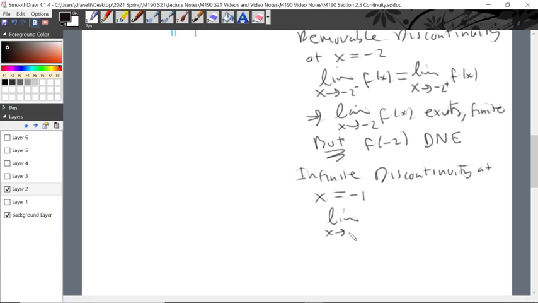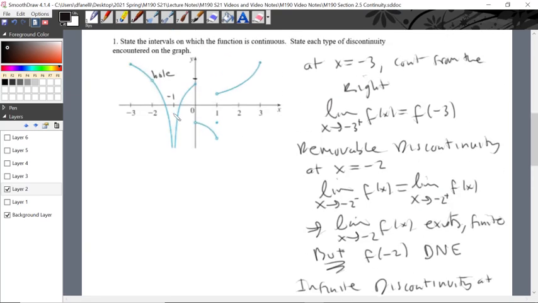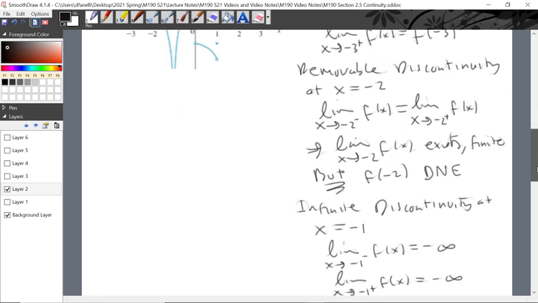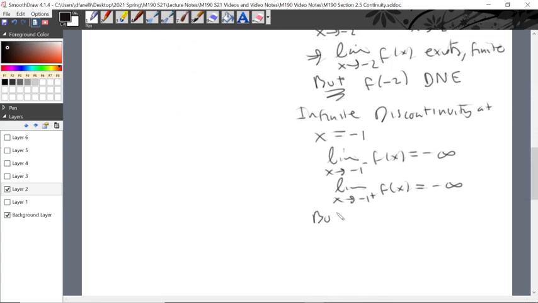The limit as x approaches -1 from the left of f of x is equal to -infinity, and the limit as x approaches -1 from the right of f of x is also equal to -infinity, so the limit overall exists as -infinity there, in the sense that we've defined an infinite limit. But the function f of -1 is not defined there. So f of -1 itself does not exist.